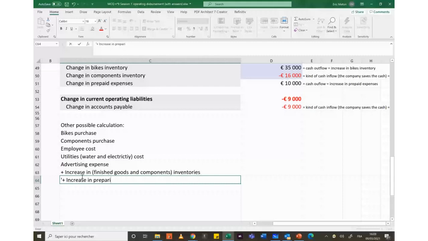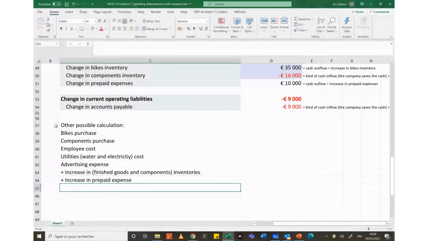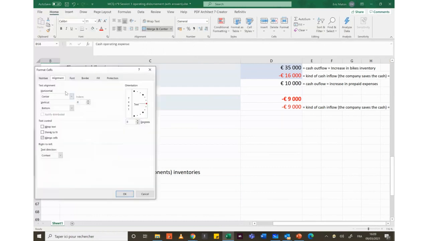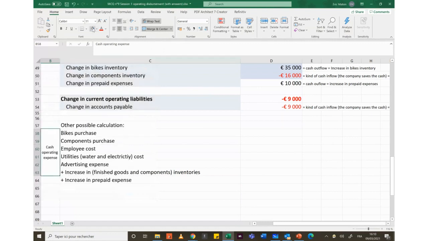So before here, I have all the operating expense, cash operating expense is here. So here I have all the cash operating expense with all this.